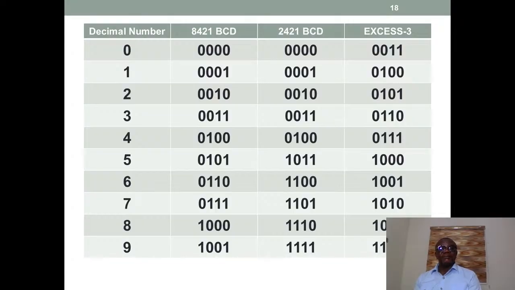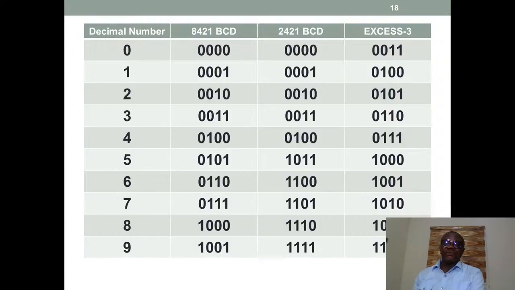Take a look here. We see the decimal number to the left, then the 8421 BCD code, which is what you have if you convert any of these decimals to base 2.